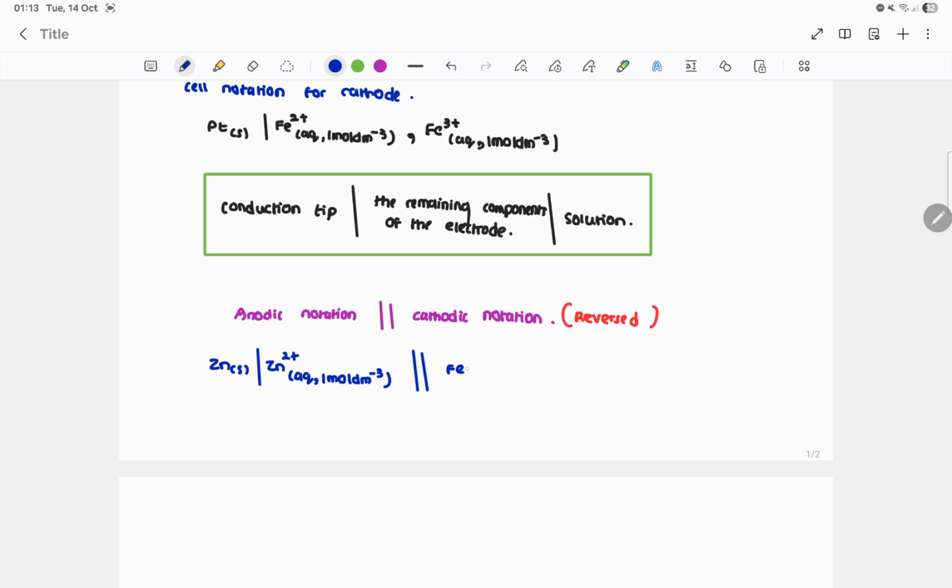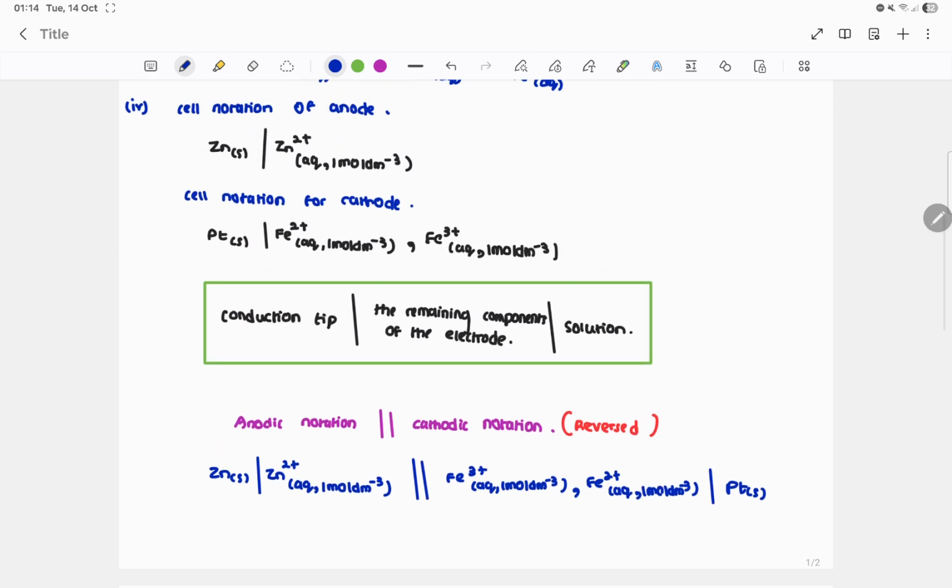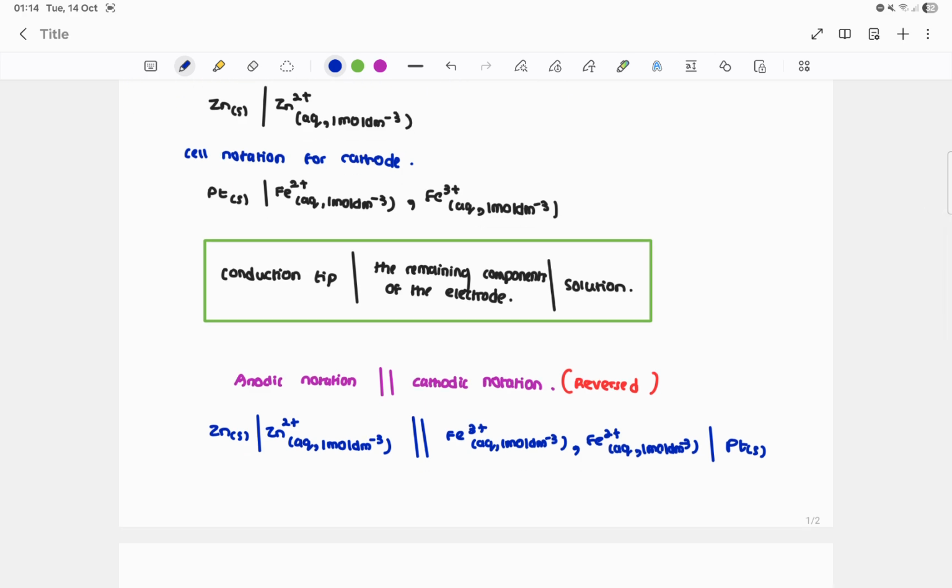So we write Fe3+ = 1 mol dm^-3, and then comma, Fe2+ = 1 mol dm^-3. Then one straight line and then platinum solid. Then we will receive marks for this question.